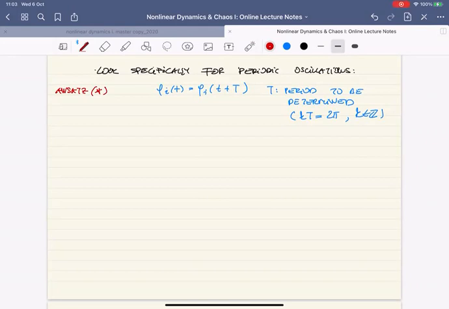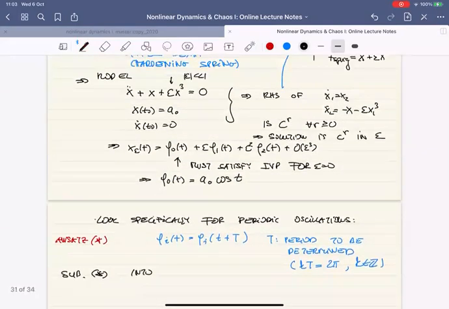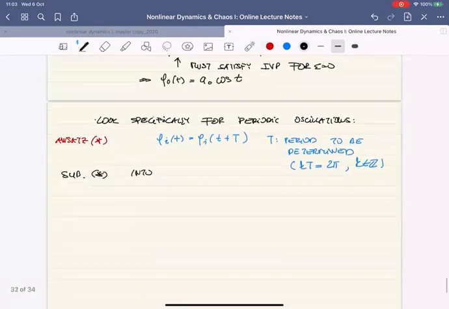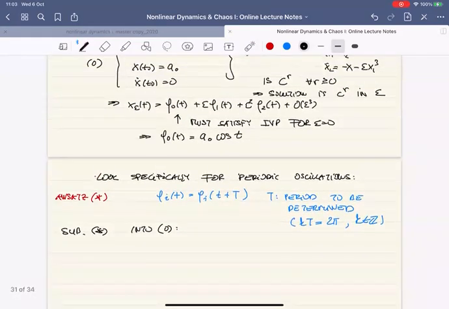So substitute star into this, let's call it 0, because there's a 0th equation that I'm looking for. So I have two things to substitute.